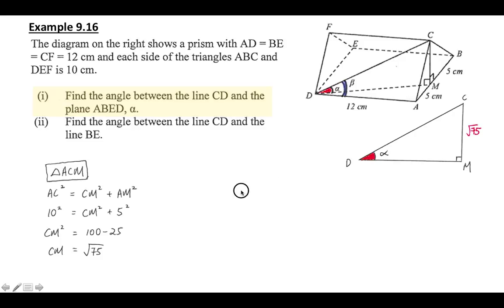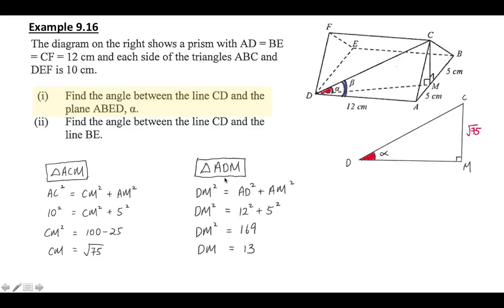So likewise, we're going to apply Pythagoras theorem to this triangle ADM. Alright, so applying and solving for the length DM will give us a value of 13 units. So we're going to transfer this 13 units over here. So now we have 13 units and square root 75.